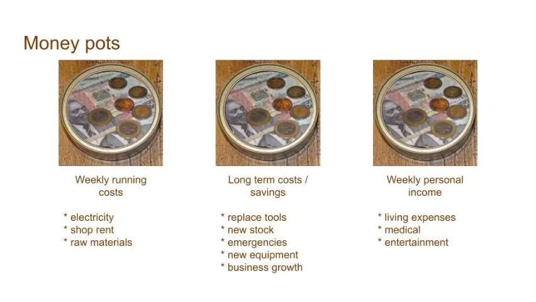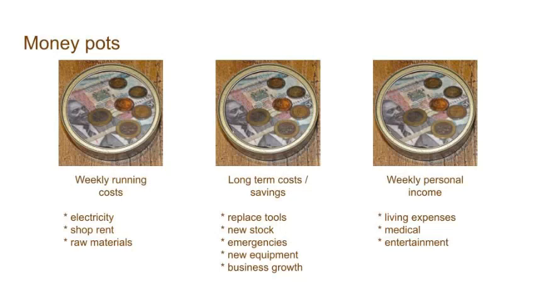Then the long-term costs and savings money pot would be for things that you don't have to pay out for every week, but you might need to save up for. So for example, you may need to replace tools every now and again or buy new tools. If you are buying stock in bulk, perhaps every month, every 2 months, every 3 months, you might need to buy some more stock.